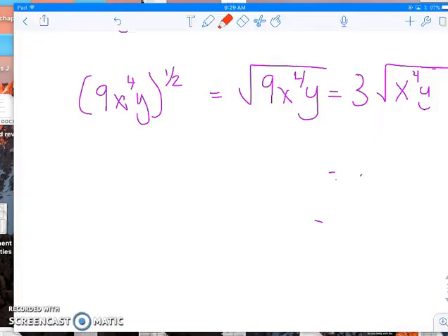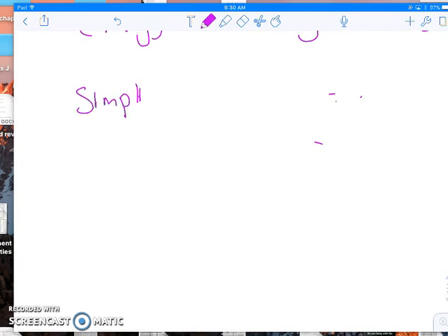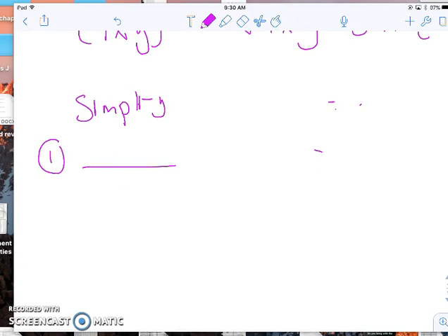All right. So we're going to take a look at simplifying a couple of these. So if we ask you to simplify and we had a fraction, it's kind of a review from yesterday, 6x to the -3 over 2x squared to the 3rd.